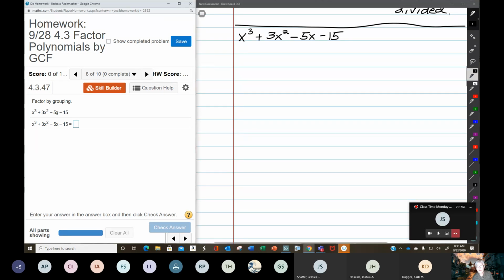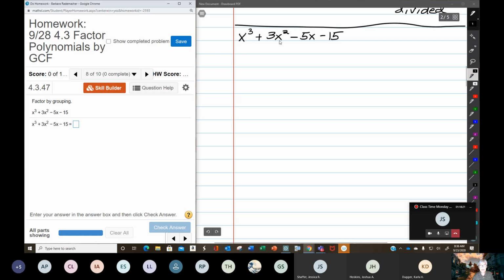Now, the instructions say factor by grouping, but you always check to see if there's a GCF in each term that you can pull out first, but there is not one here. 3 terms have X's, but 1 doesn't. Yeah, that would be the only contender here.